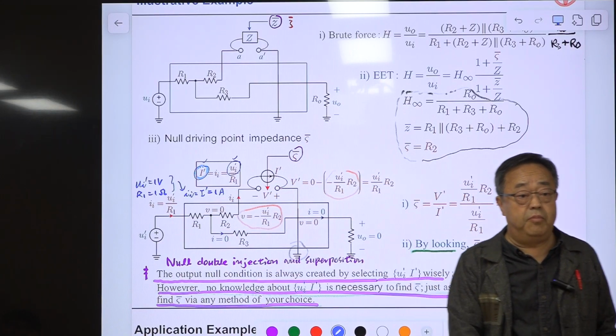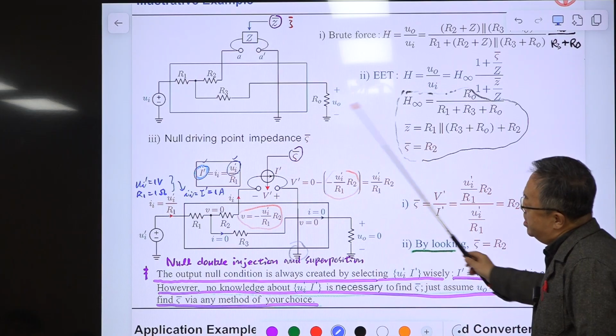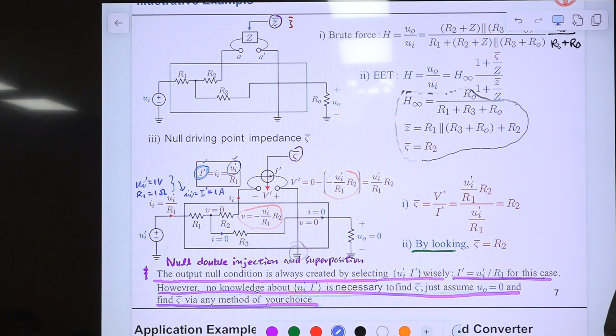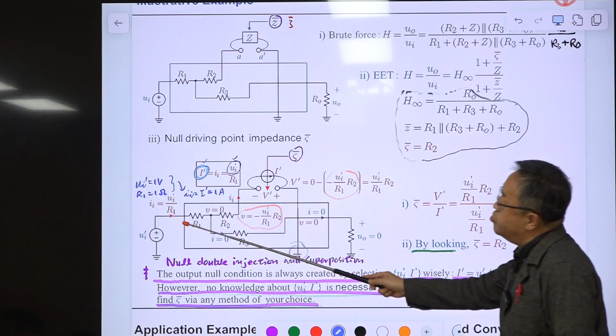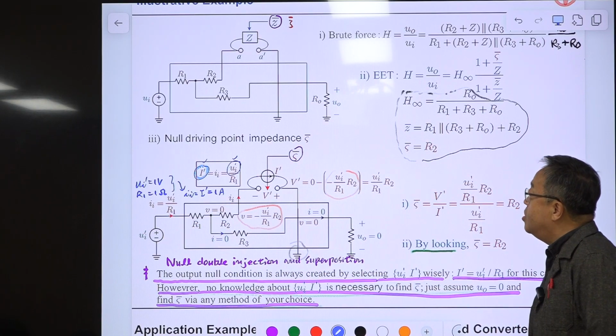But you don't have to find this relationship. For any linear time invariant circuit, you can create this output null condition. Think about this. This is a linear time invariant system, so we have two inputs here. This is the input, and this is the other input.